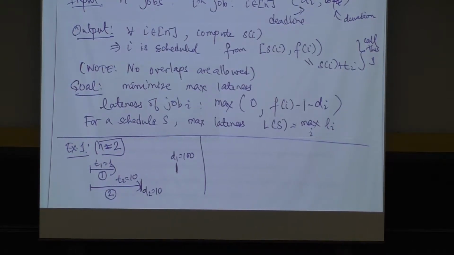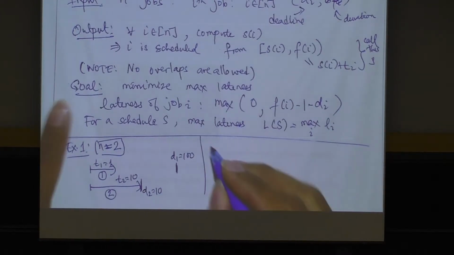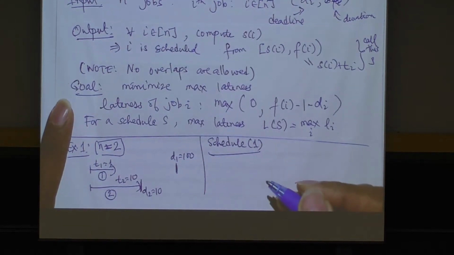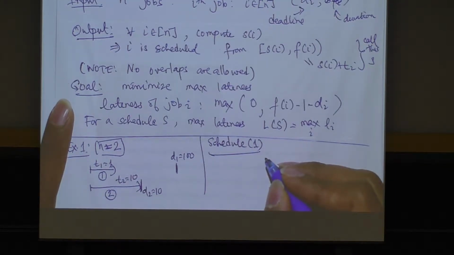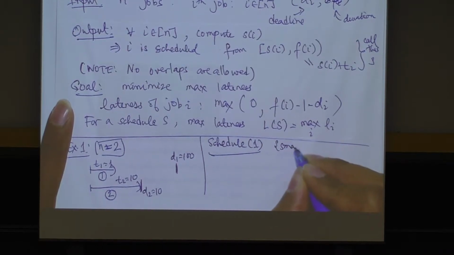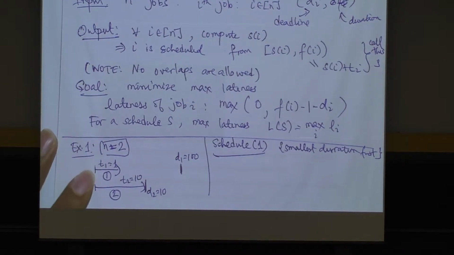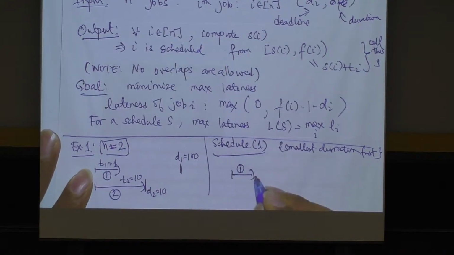One natural way to try this is to ignore the deadlines and just schedule the jobs that will finish quicker. So the first schedule is basically smallest duration first. In this case, the first guy is the smallest duration, so you're going to do that, and then you're going to do the second job.